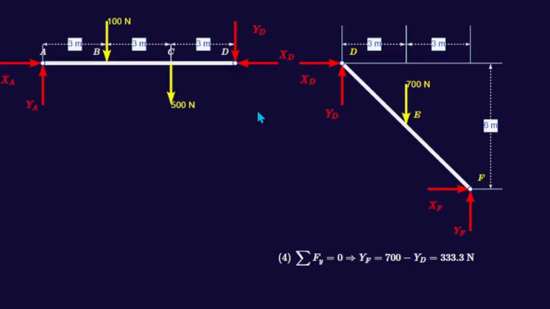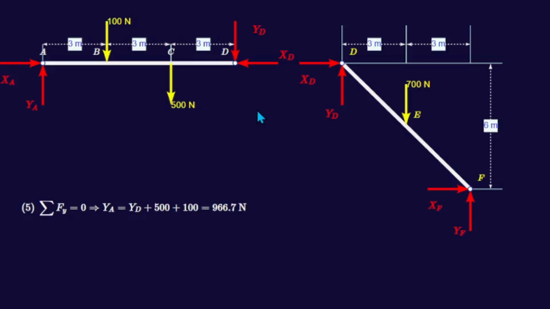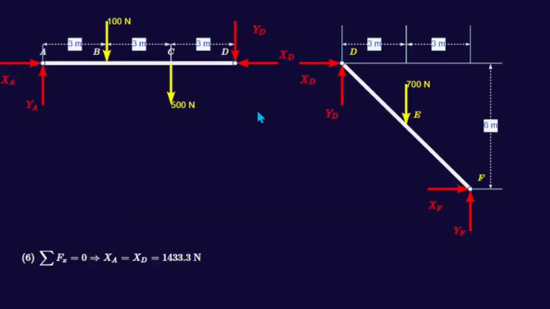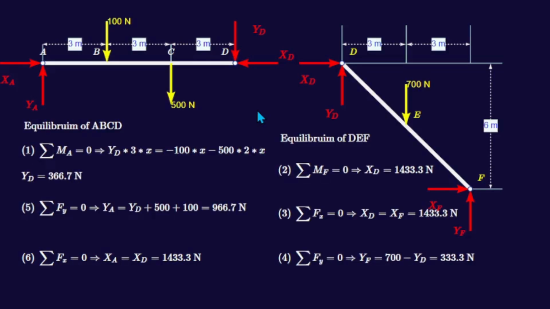Back to the equilibrium of member AD. 5. Use the equilibrium forces in Y direction to calculate YA. 6. Use the equilibrium forces in X direction to calculate XA. We observe that the analysis of a three-hinged frame involves 6 unknown force components and 6 independent equations.